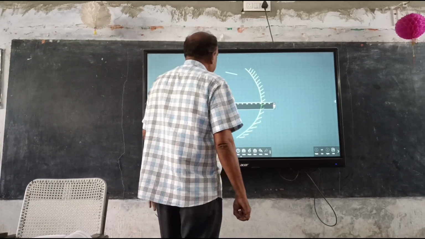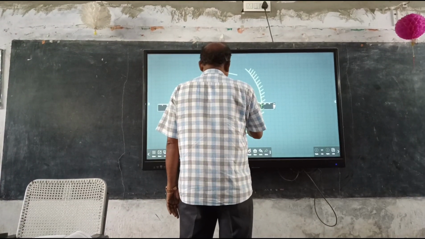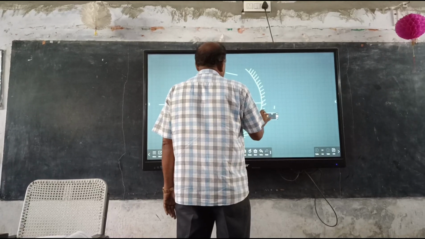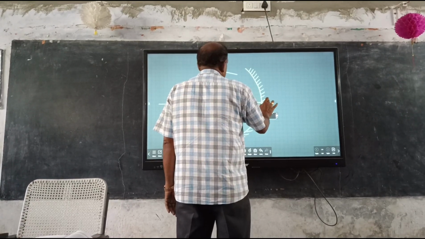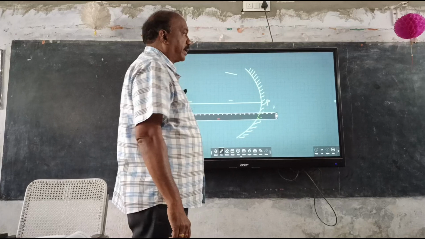This is called principal axis. Remove the scale. This is the pole of the mirror.